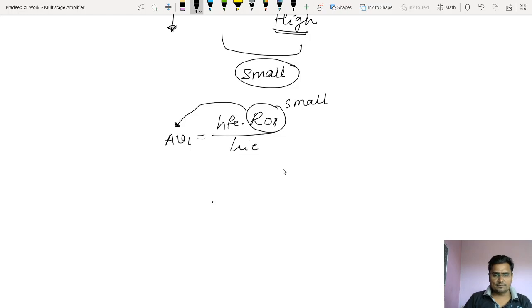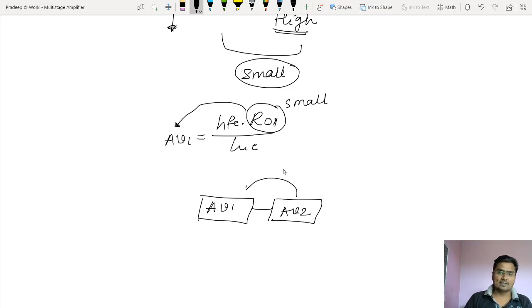So if I consider AV1 cascading with AV2, then what is happening exactly? AV2 is giving some load, some pressure, to this AV1. That is, the second stage of the amplifier is giving a load to the first stage. Giving a load means that because of this second stage, the gain of the first stage is decreasing. Why is it decreasing?